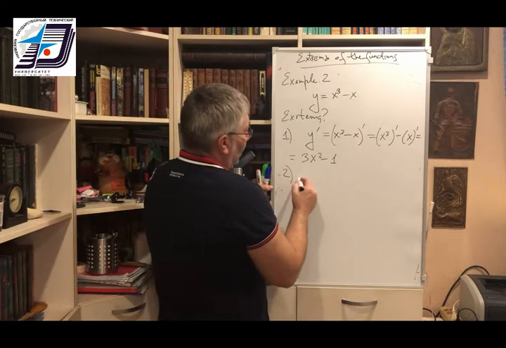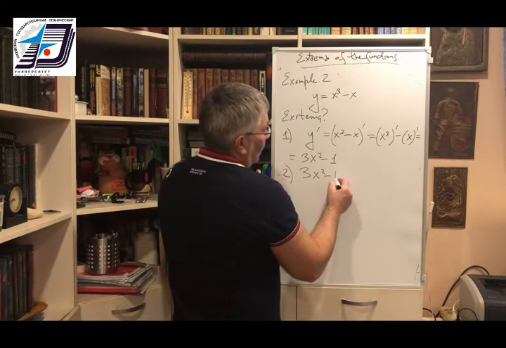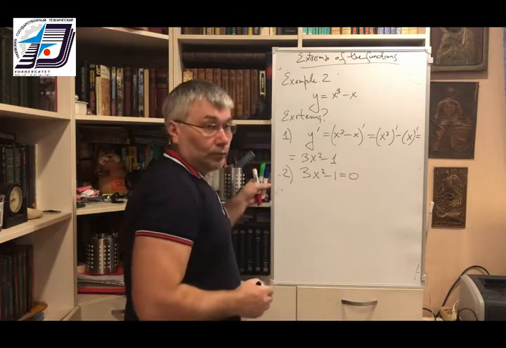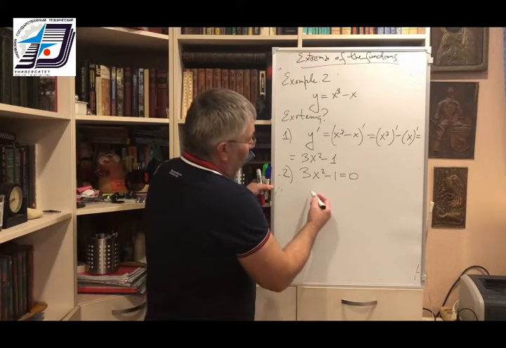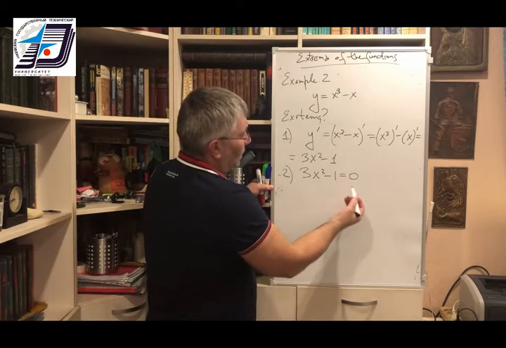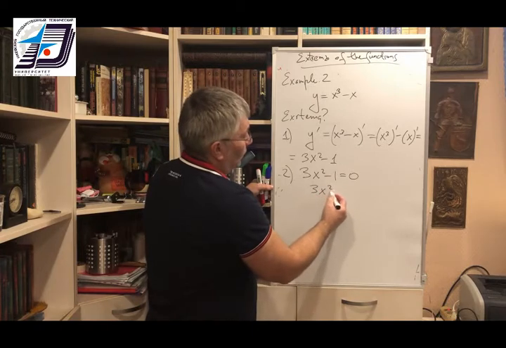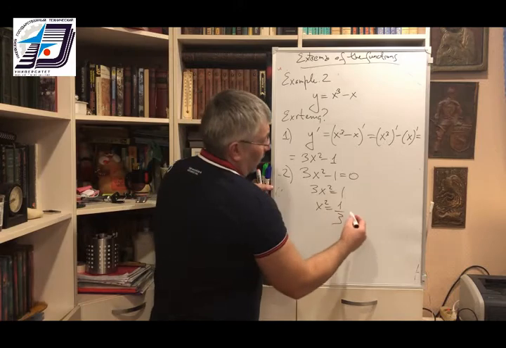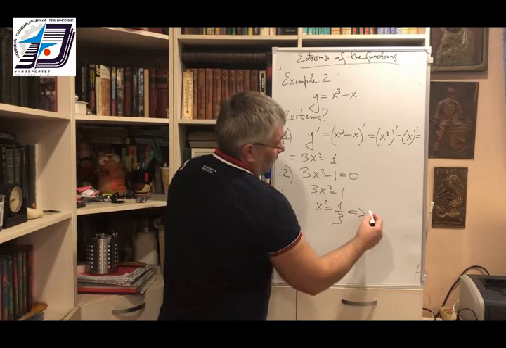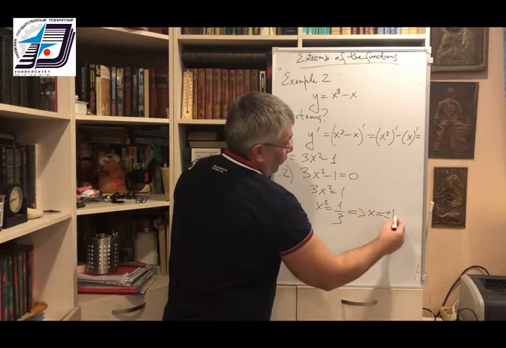The second step, we have to make the equality 3x squared minus 1 equals 0. And the last step, I can move 1 to the right side, it goes with sign plus, and we have 3x squared equal 1, x squared equal 1 over 3, and it means that x equals plus minus square root of 1 over 3.